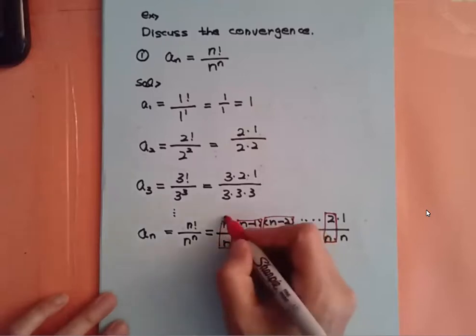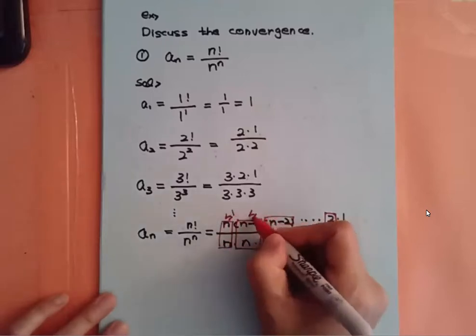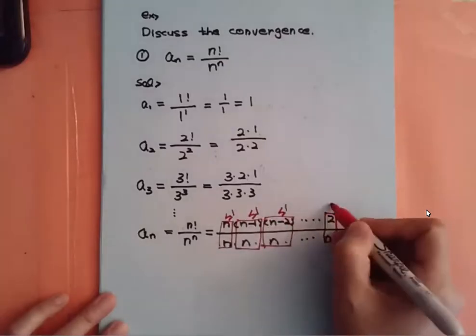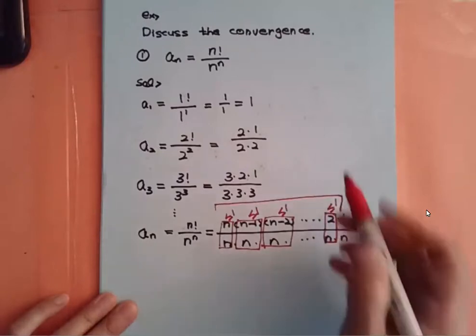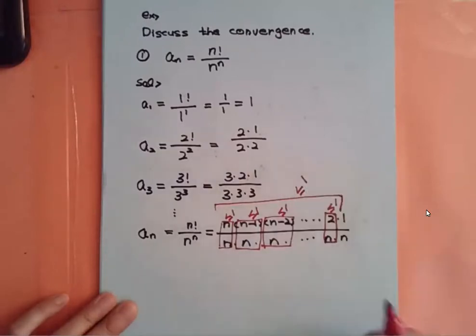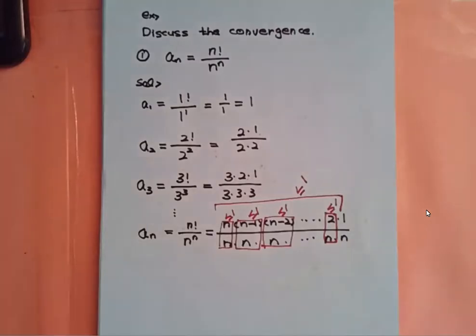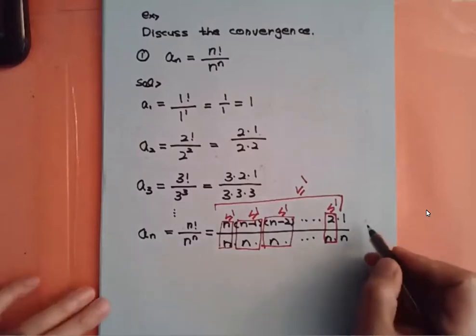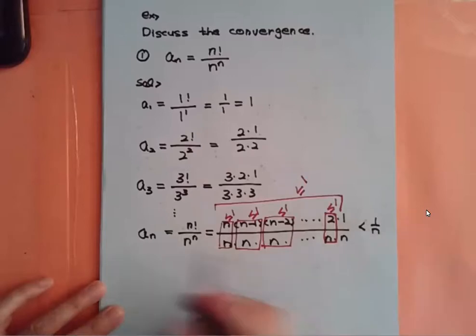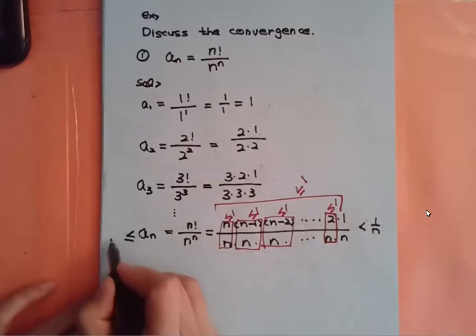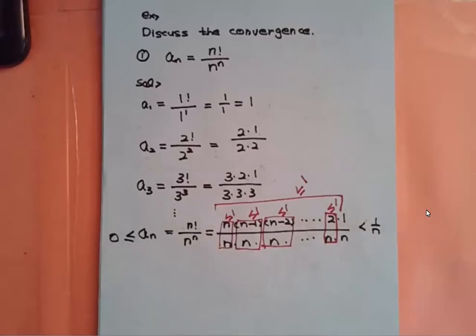So all of them are less than or equal to 1. We multiply all of them together, then the multiplication will also be less than or equal to 1. So the inequality we can establish from here is that a_n is less than or equal to 1 over n. At the same time, it is greater than 0 because everything is positive.